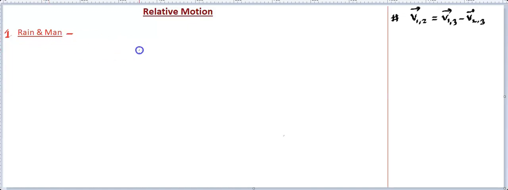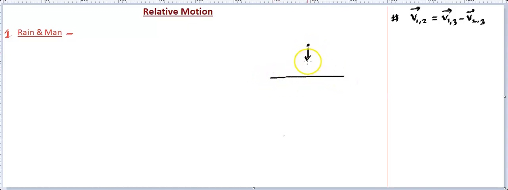So let me first try to connect it with a real life situation. Let's say raindrops are falling. We can consider one raindrop, because all the raindrops will follow the way one is moving. So let's say this is a representative raindrop and it's moving vertically down.